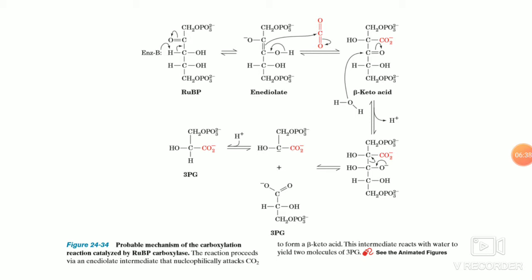It generates an enediolate ion that nucleophilically attacks carbon dioxide. It is interesting that the stroma is also filled with bicarbonate, but it does not attack bicarbonate, it only attacks carbon dioxide, resulting in a beta-keto acid. The beta-keto acid is rapidly attacked at the C3 position by water to yield an adduct that splits, similar to aldol cleavage, to yield two molecules of 3-phosphoglycerate. So this is the mechanism of action.